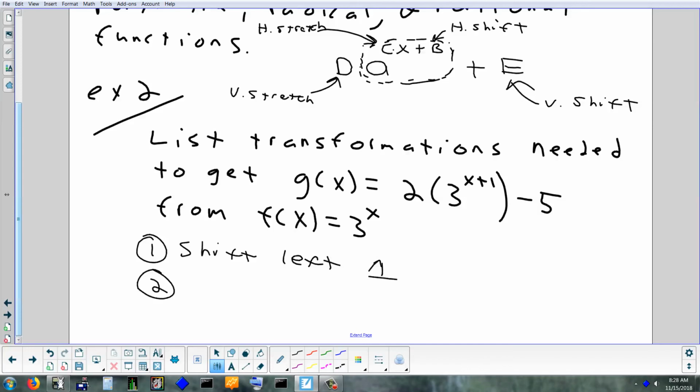I don't have a number in front of x, so I can ignore c. There is no horizontal stretch in this problem. The 2. What would the 2 cause to happen? Yeah. A vertical stretch. Yep, by how much? 2. Yep, vertical stretch by factor of 2.